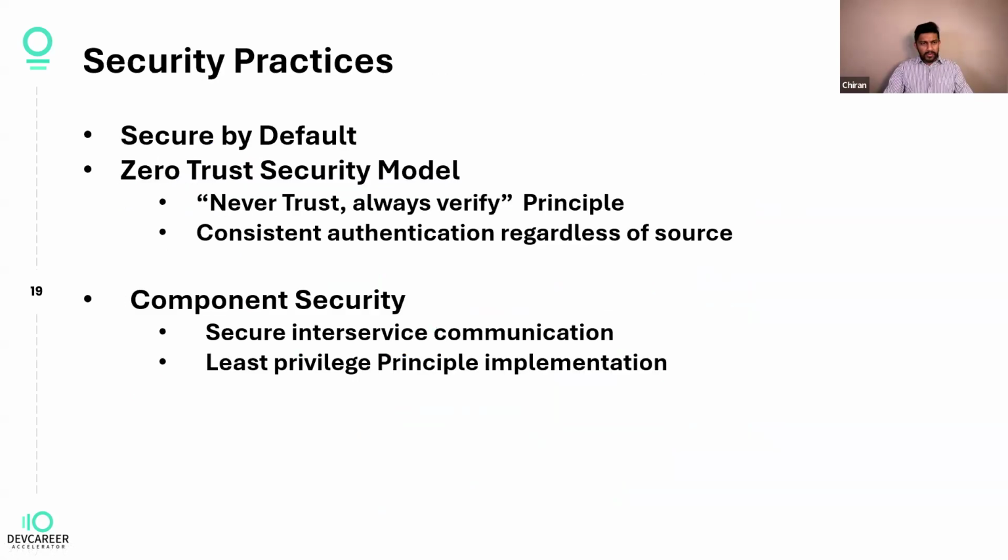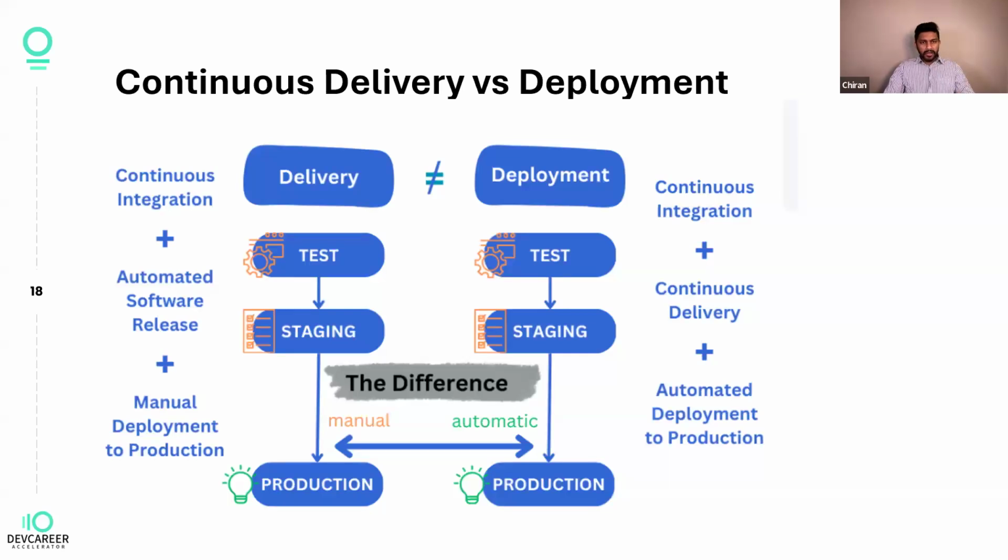And then moving on, security practices in cloud native. One thing I need to reiterate: in cloud native, the organization will decide whether they'll be doing continuous delivery or continuous deployment. And based on that, you'll be working on your Kubernetes clusters and with the other tools to accommodate that.